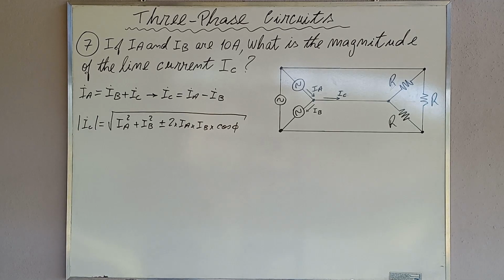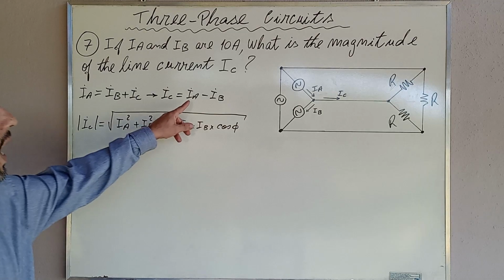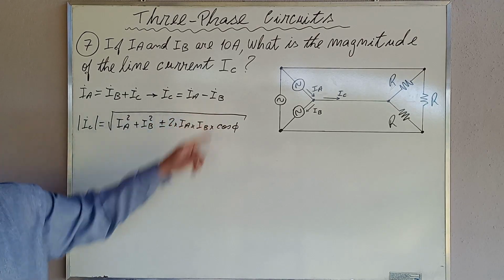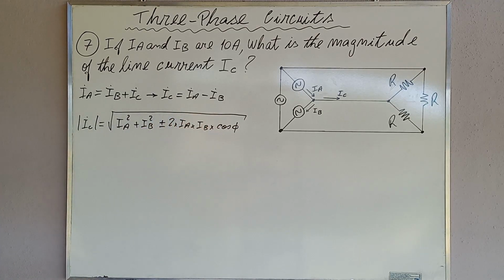As IC results from the subtraction, that is the phasor difference IA minus IB, the minus sign is used.